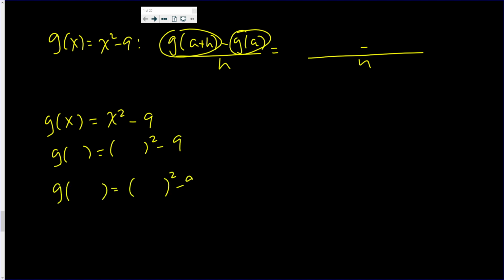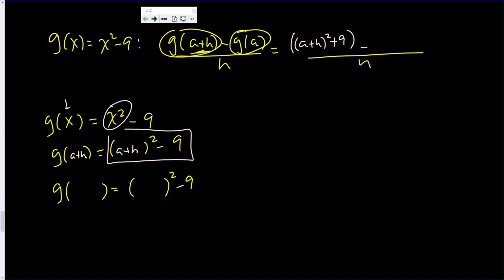First, they put a plus h in the brackets. So that's g of a plus h. After all, what does g do to what's in the brackets? It squares it and takes away 9. They put that in the brackets, I square it, then I take away 9.